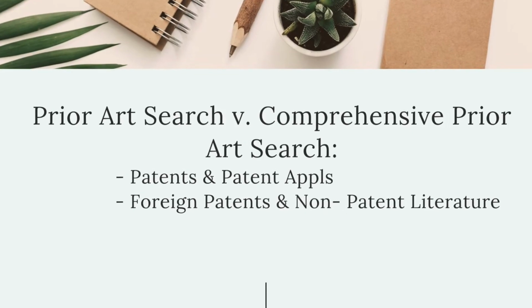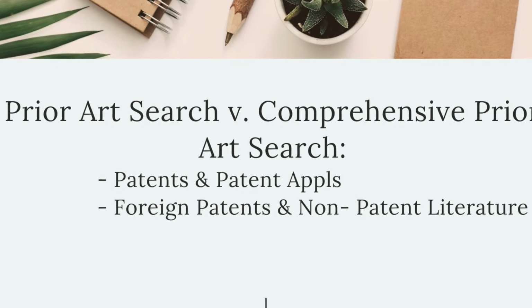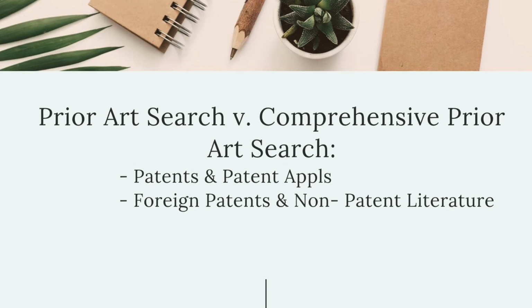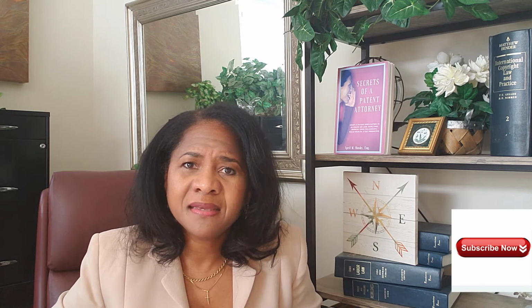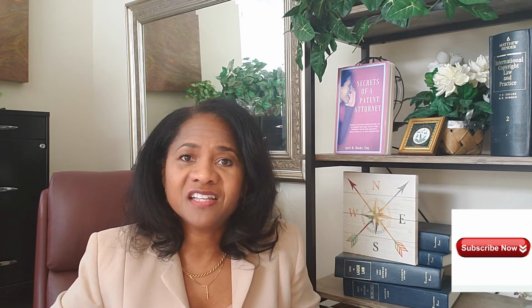For the comprehensive search, however, it will include not only the published patent applications and published patents that are found in the USPTO's federal database, but also the published foreign patents, as well as non-patent documentation such as catalogs, books, websites, and magazines, and we're going to go into that a little bit further.